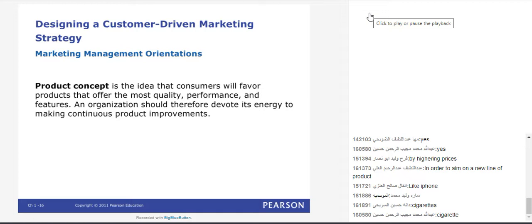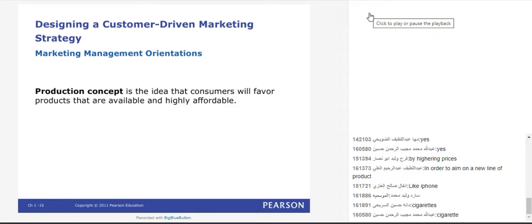The second era was something similar. It was called the product concept. It's not only production, people now began to pay attention to products, about the quality of the product, about the performance of the product. So organizations in this era began to focus a little bit on what people need.